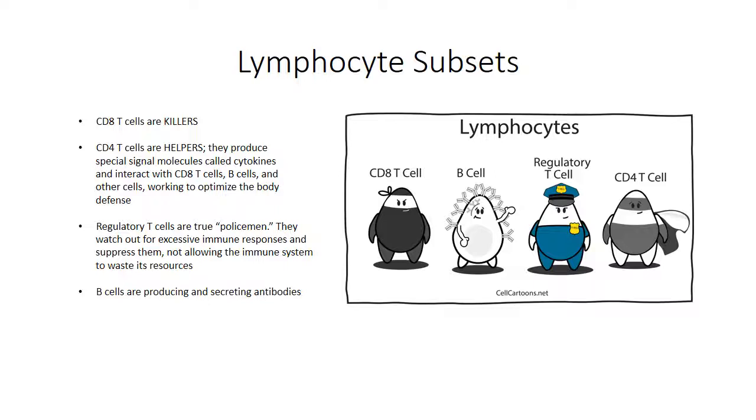So many of us encounter this bacterium that causes tuberculosis, but most of us do not get ill with tuberculosis because CD4 T cells actually stimulate some T cell responses that do not allow the infection to develop. Okay, so that's lymphocyte subsets for you.